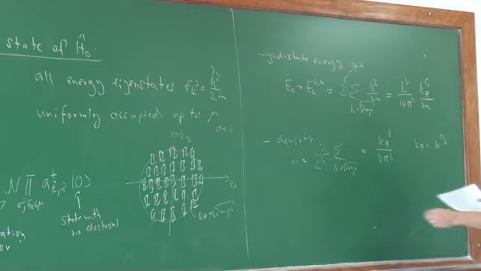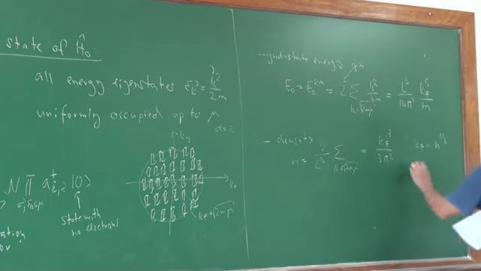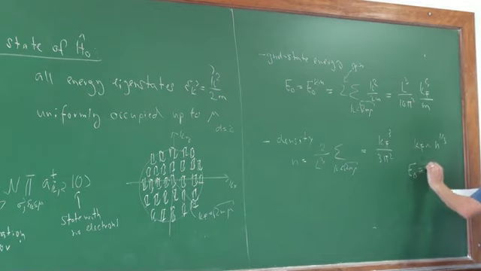And if you want, you can express the ground state energy also in terms of the particle number. So this would be 3/5 times the total particle number. There should be some mu, I guess. Yeah.